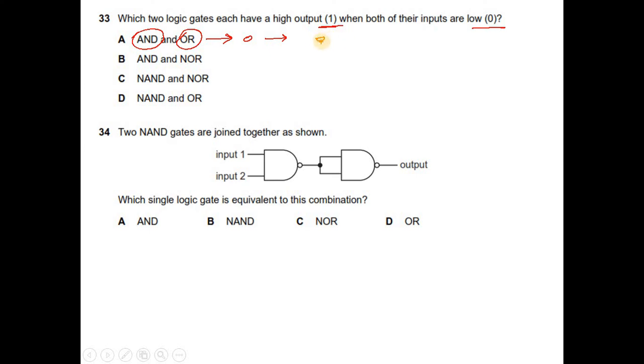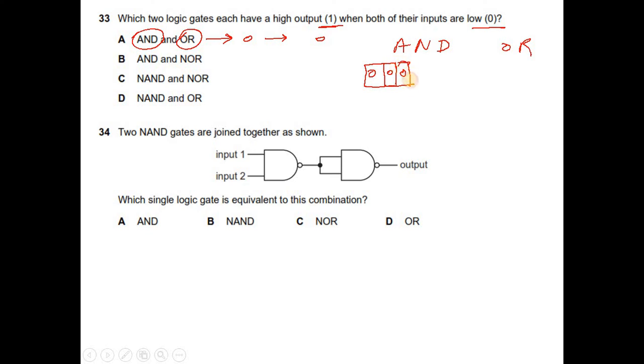It is not 1. So AND cannot give you high output, and the OR gate also does not give you high output. Meaning for AND and OR, if both the inputs are 0, the output must be 0.